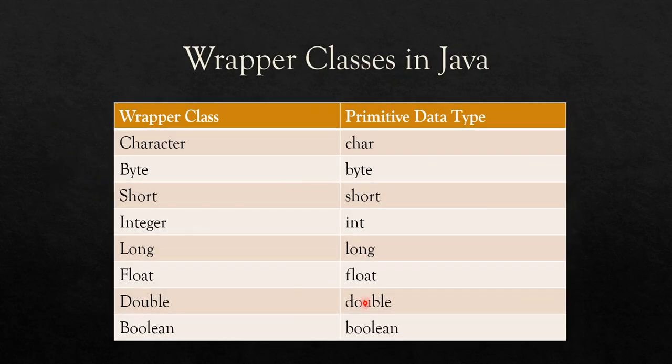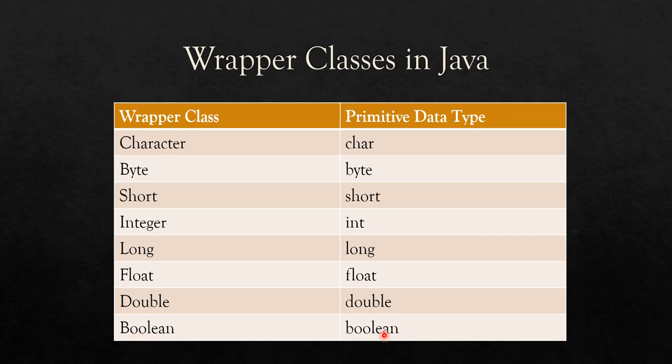What are the wrapper classes available in Java? You can see two columns here. The first column is the wrapper class column and the second column is the primitive data types column. We already discussed the primitive data types. You have 8 primitive types: char, byte, short, int, long, float, double and boolean. For these, you have wrapper classes available for each and every data type. You can see the names are almost the same. The only difference is that the first character of the wrapper class starts with a capital letter.